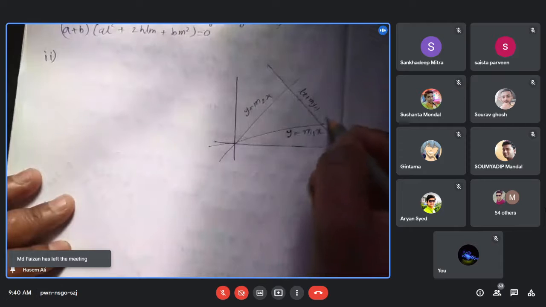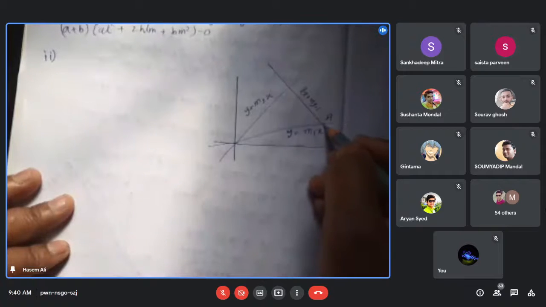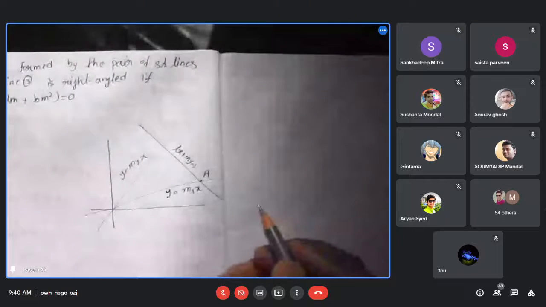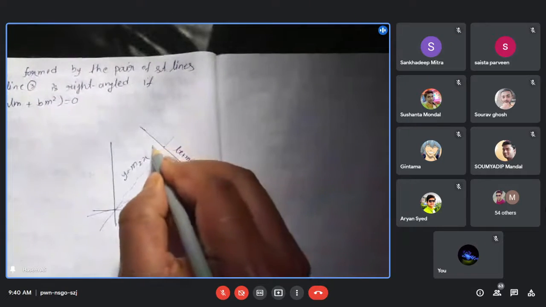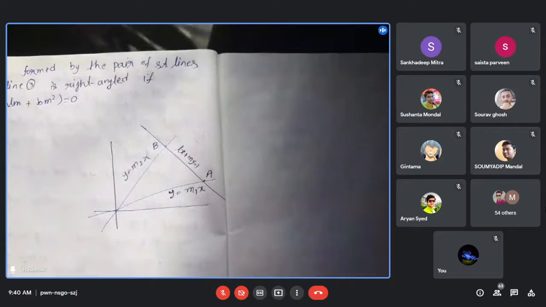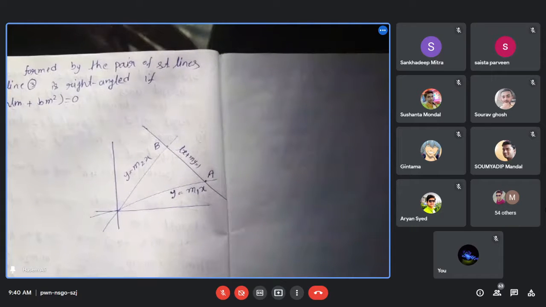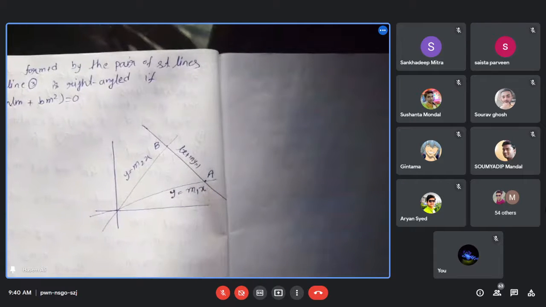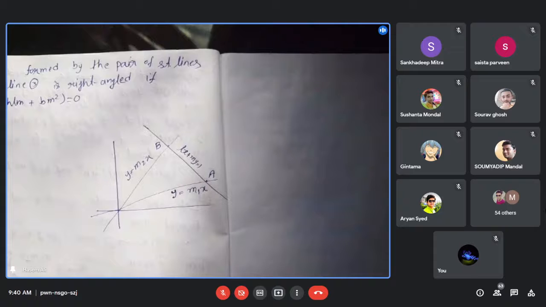Let this point be A, the intersection point, and this point be B. Then what are the coordinates of the points A and B? First, what is the coordinate of the point A?